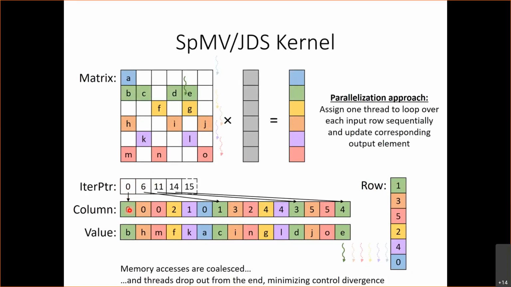If I want to go through row 1 in the sorted order, which is row 3 in the unsorted order, I would just go to the iteration pointer and add 1, and I find the corresponding non-zero. So in JDS, I can easily loop through the non-zeros of a particular row. Is that clear? Yes, this part's clear. Okay. Did I answer your question?